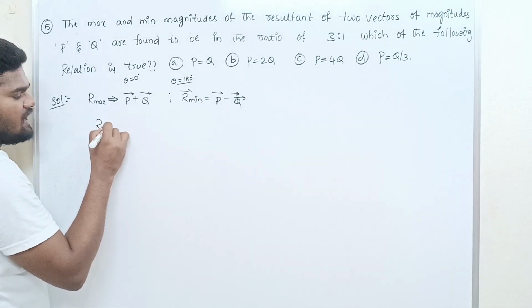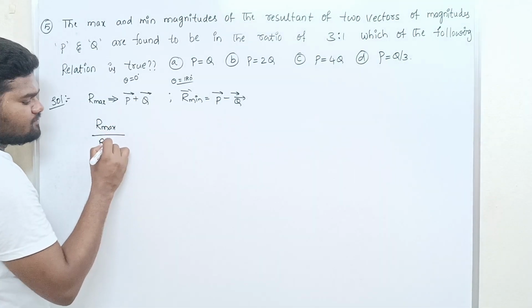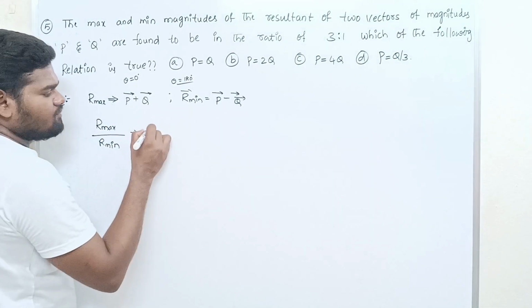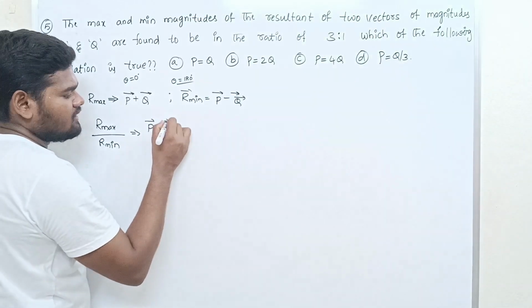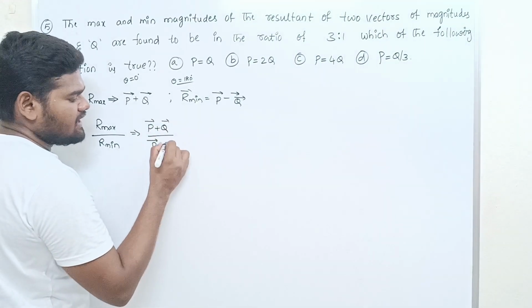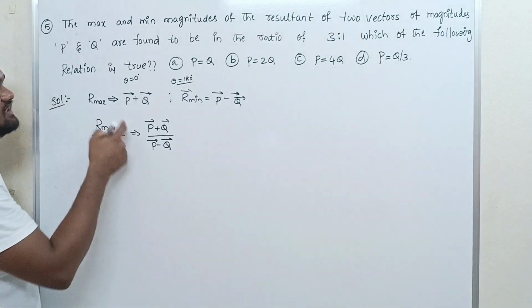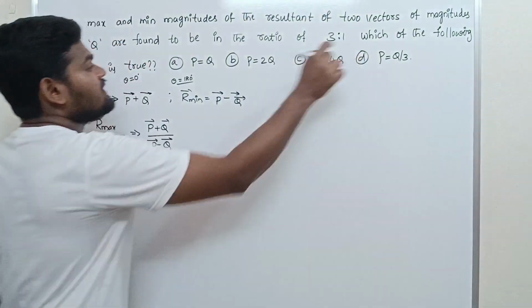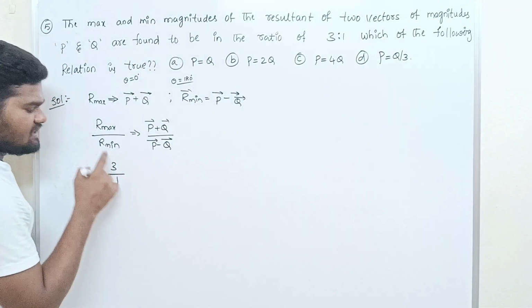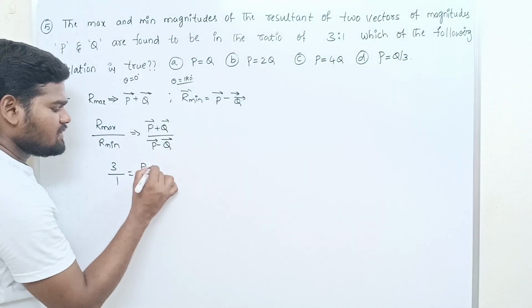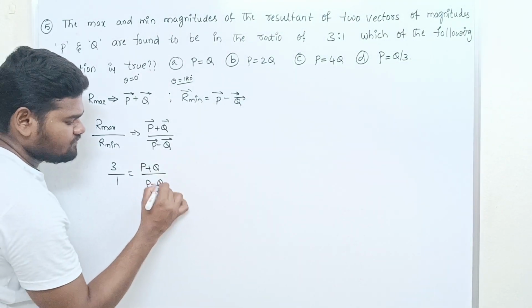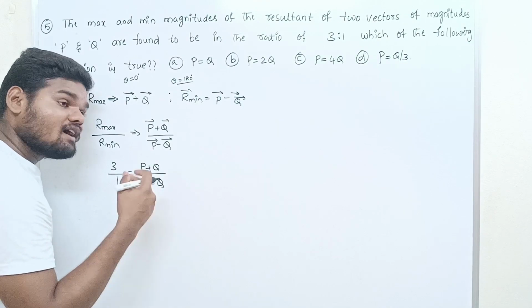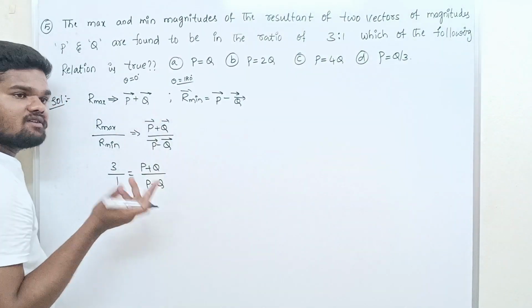Ratio means R maximum divided by R minimum, that is equal to P bar plus Q bar divided by P bar minus Q bar. What ratio are they given? R maximum to R minimum is 3 is to 1. That means 3 by 1 is equal to P plus Q by P minus Q. P bar or P, Q bar or Q, whatever it is, they are vectors. Okay.